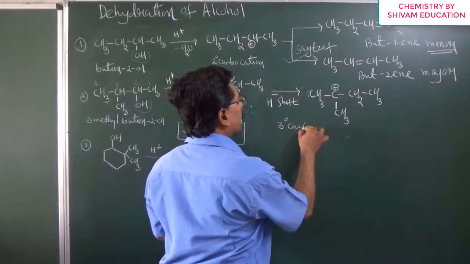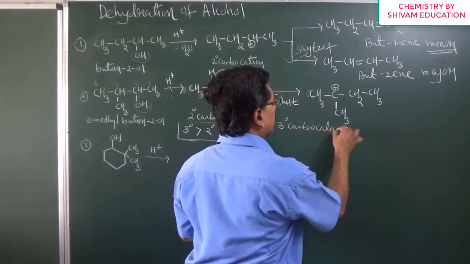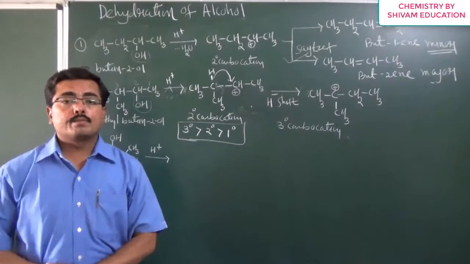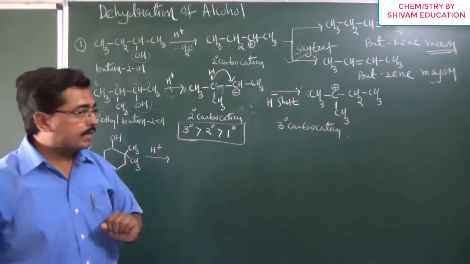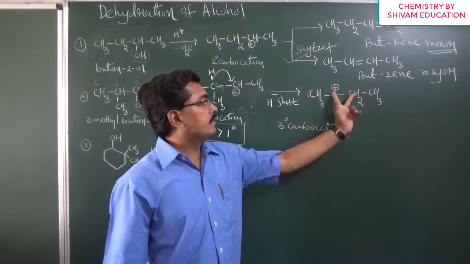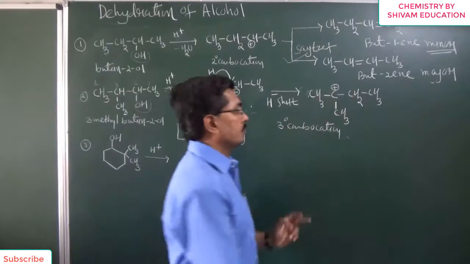This is a tertiary carbocation. Now you know very well in a tertiary carbocation we have two different products, one will be major and the second will be minor. Suppose a hydrogen atom is removed from this carbon atom, then a double bond forms between these two.